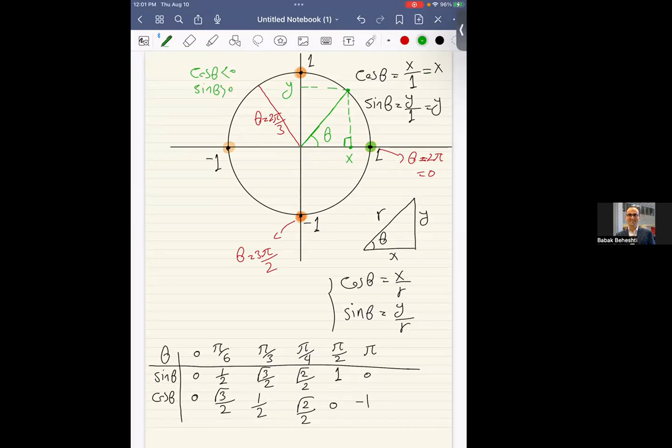In the first quadrant, both are positive. So cosine and sine are both positive in the first quadrant. In the second, cosine is negative, sine is positive. In the third, both are negative because x coordinate is negative, y coordinate negative. And in the fourth quadrant, cosine is positive, but sine is negative.